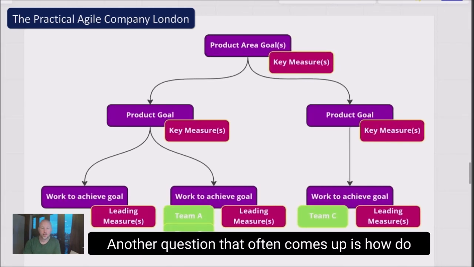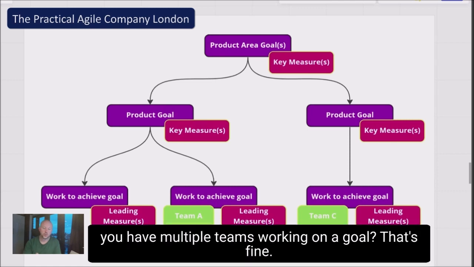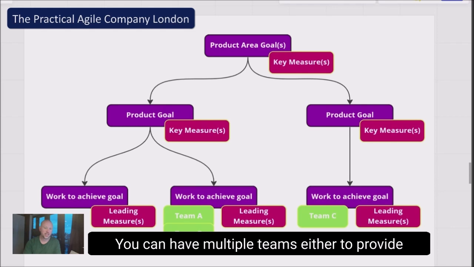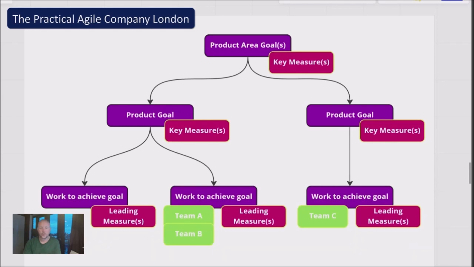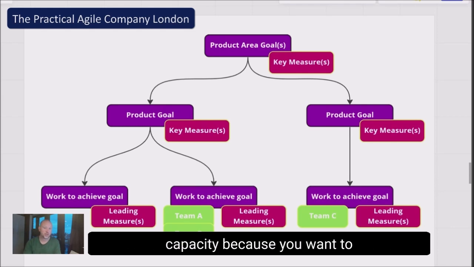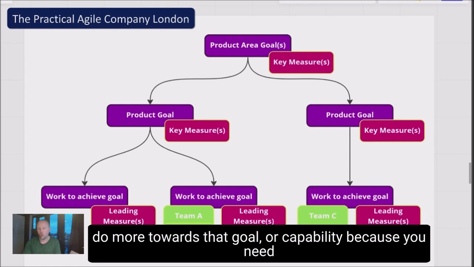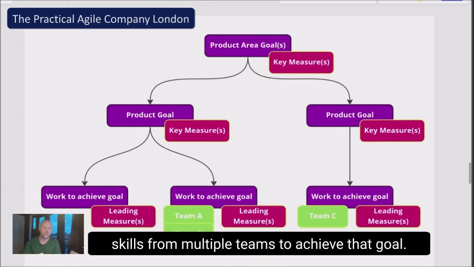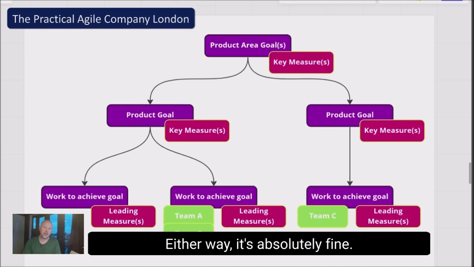Another question that often comes up is, how do you have multiple teams working on a goal? That's fine. You can have multiple teams either to provide capacity because you want to do more towards that goal, or capability because you need skills from multiple teams to achieve that goal. Either way, that's absolutely fine.